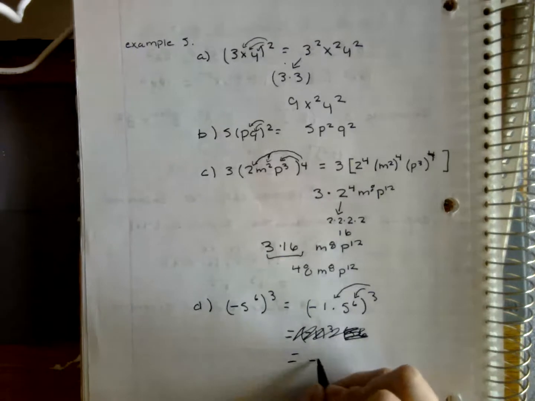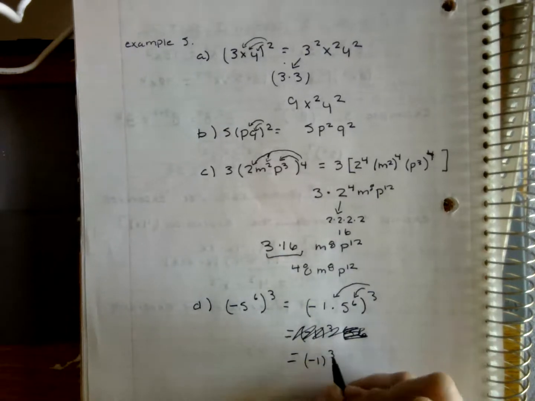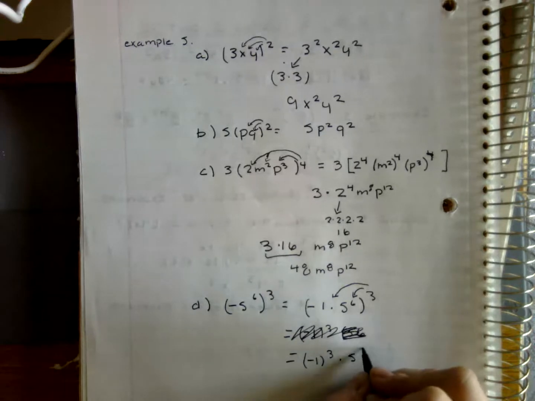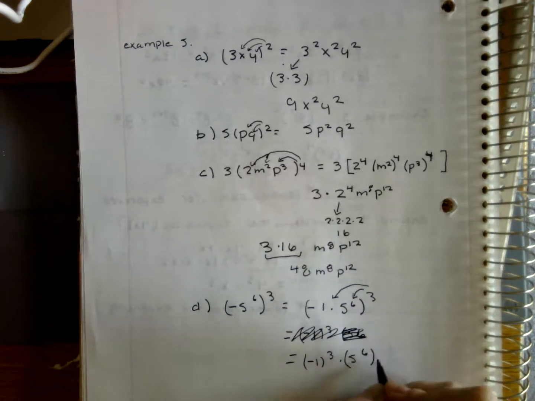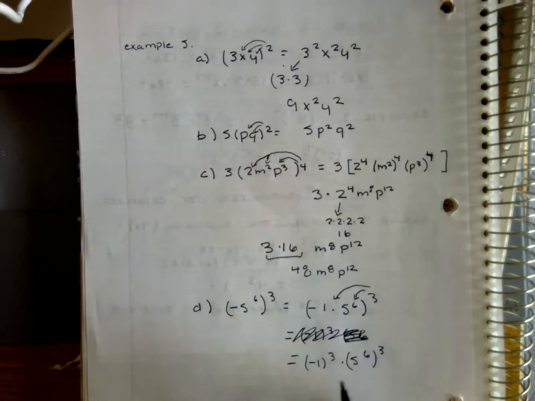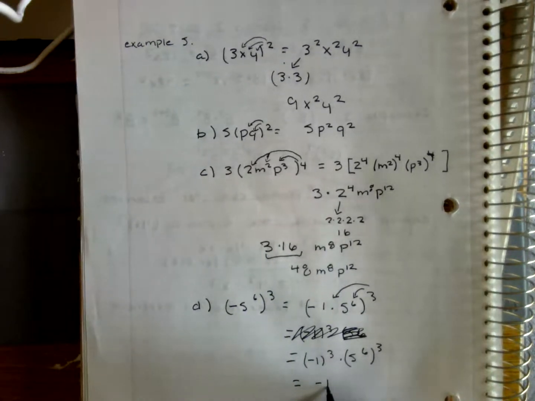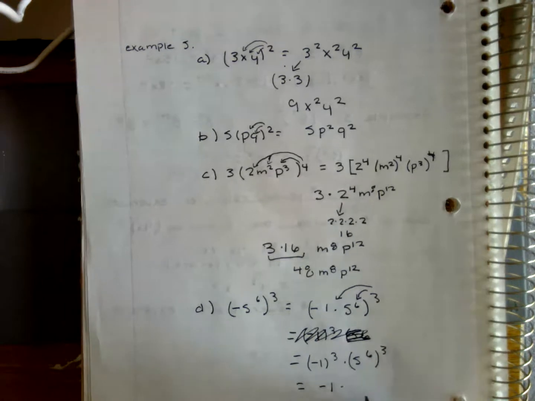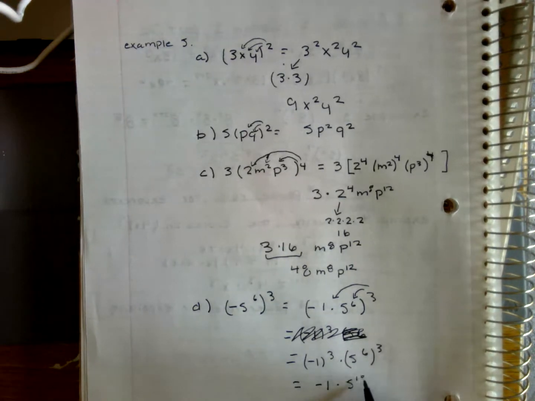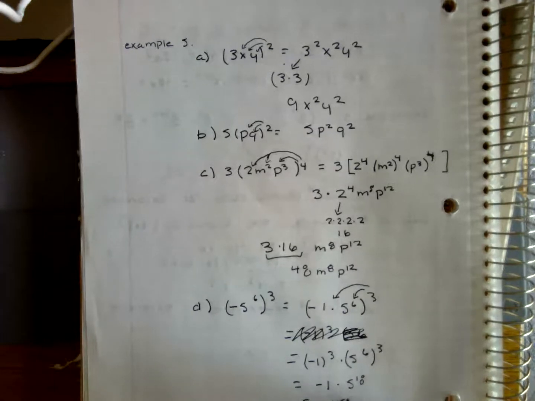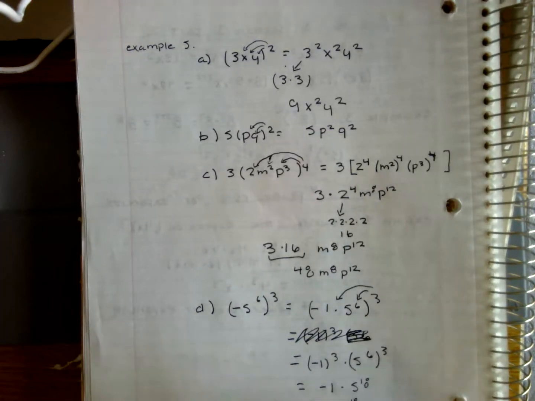So it's going to be negative 1 to the third times 5 to the sixth, which is also to the third power. So this will be equal to negative 1 times 5 to the 18. So the answer here will be negative 5 to the 18. So that is how you do that.